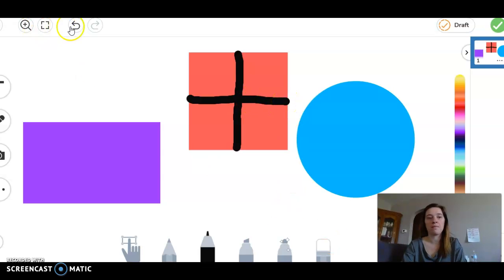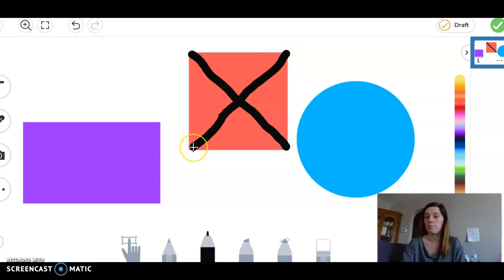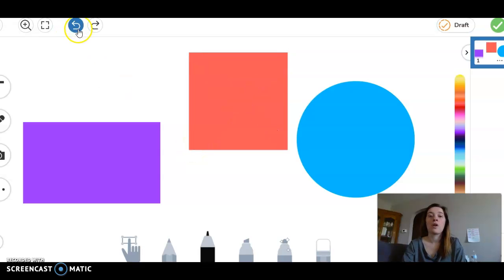That was pretty easy. We could also go diagonal. And then we're going to go diagonal again. We could do it that way. Or we could go horizontally.